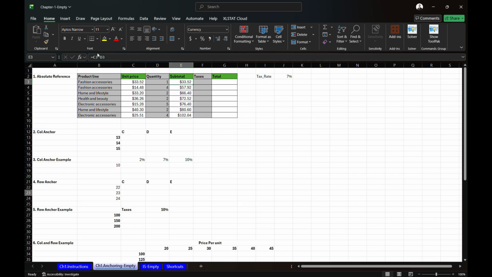And if you keep your eyes on the formula bar here, you'll see C3 times D3 is what we typed in. And if I go to the one below it, it's C4 D4, C5 D5, so on and so on. That is how copying down a formula works.